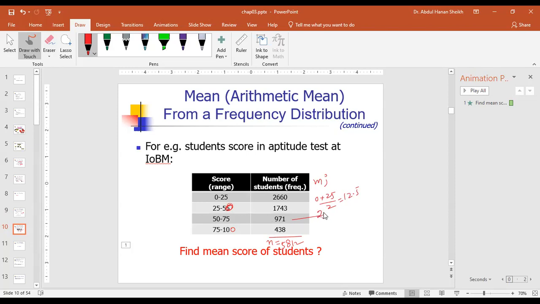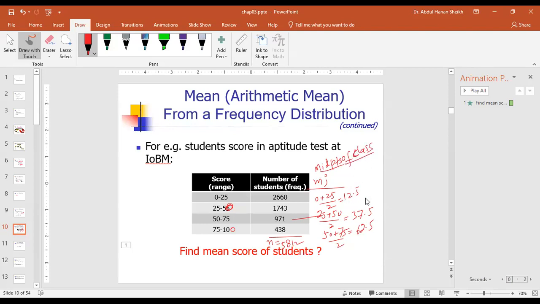Then 25 plus 50 divided by 2 is 37.5, and 50 plus 75 divided by 2 is 62.5. These are the midpoints, Mj, midpoints of the classes.